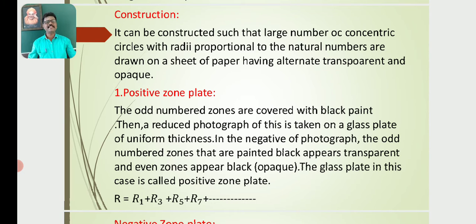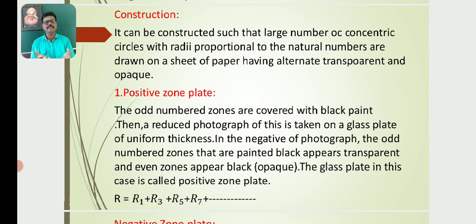So draw the concentric circles on the sheet of paper such that the radii are proportional to the square root of the natural numbers. Then odd number zones are covered with black paint.